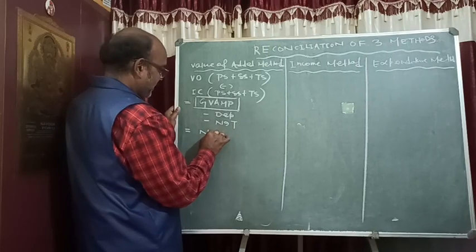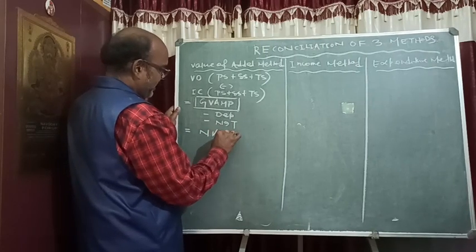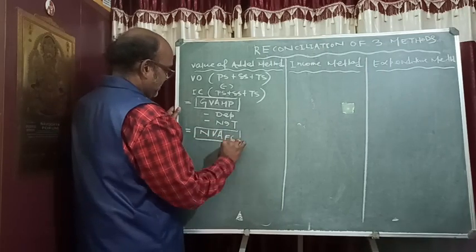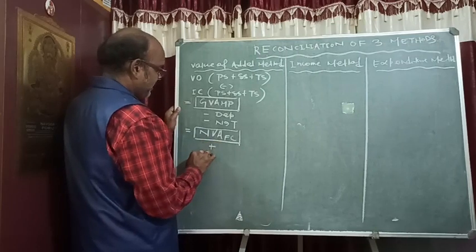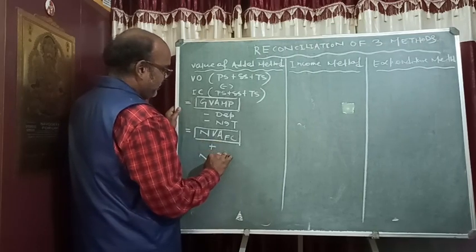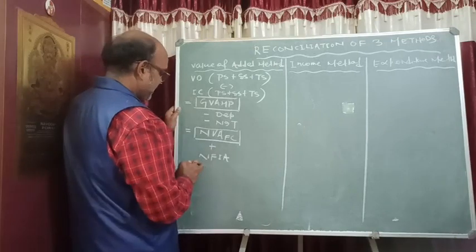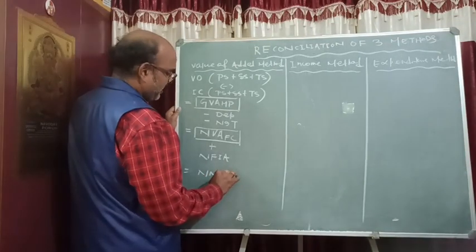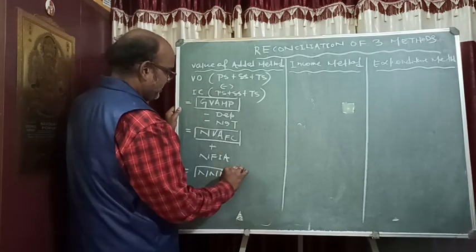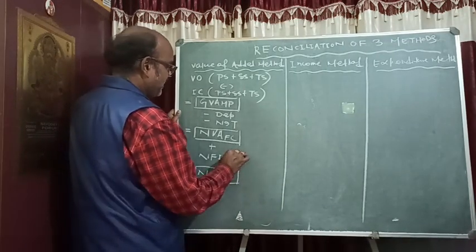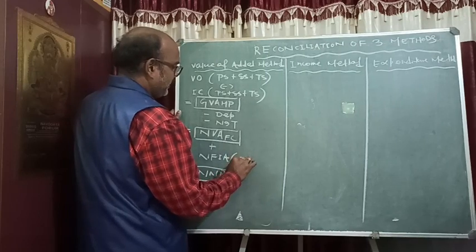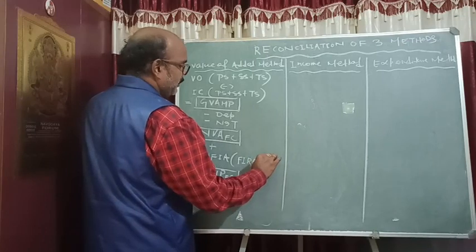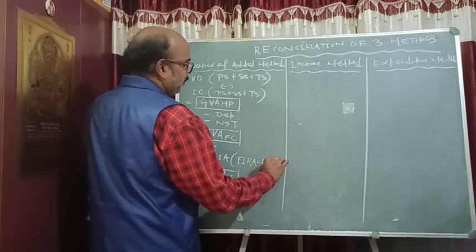So it becomes net value added at factor cost. Is it clear? Then you add NFIA with it, then you will get NNPFC. That is your national income. And NFIA means factor income received from abroad minus factor income paid to abroad.